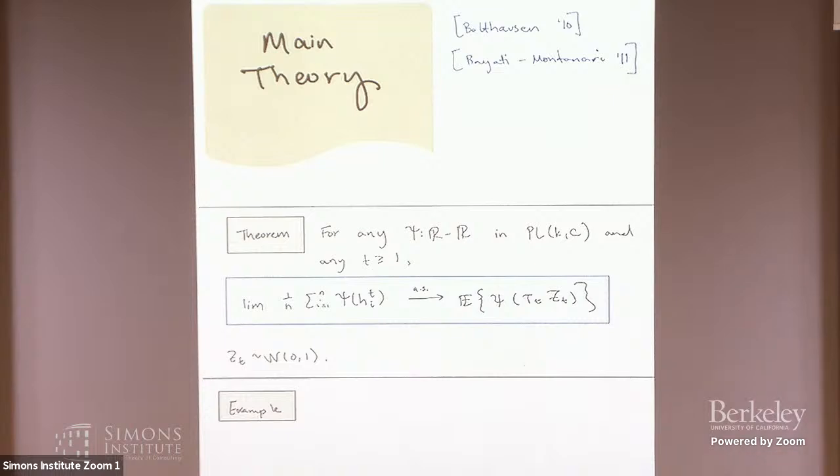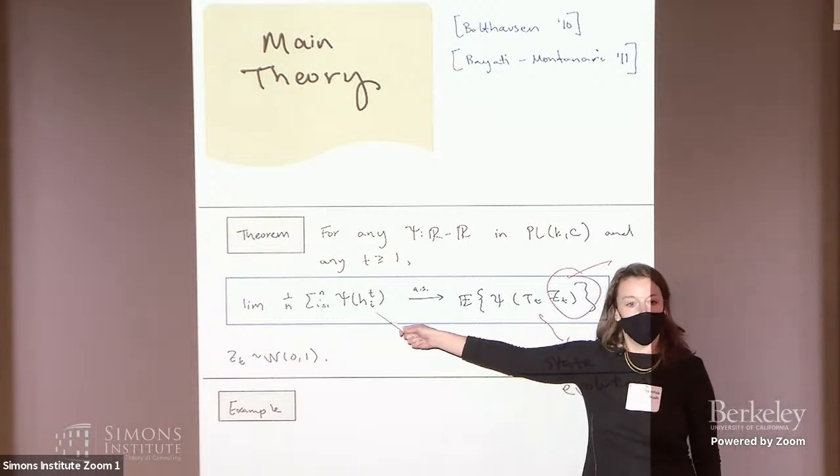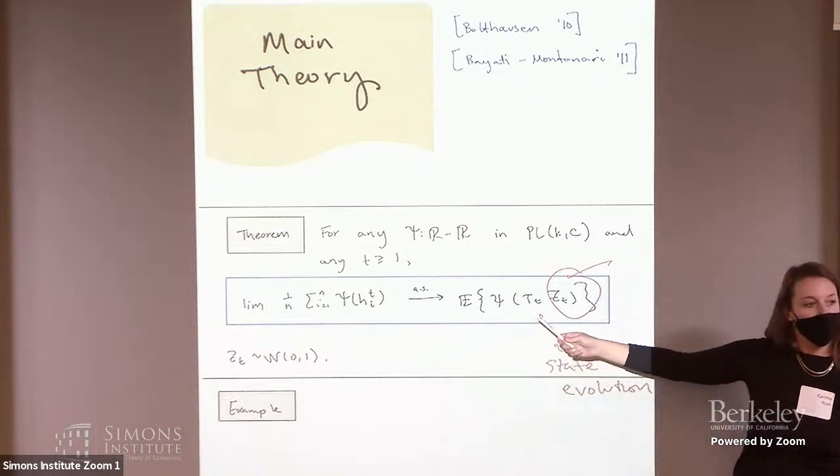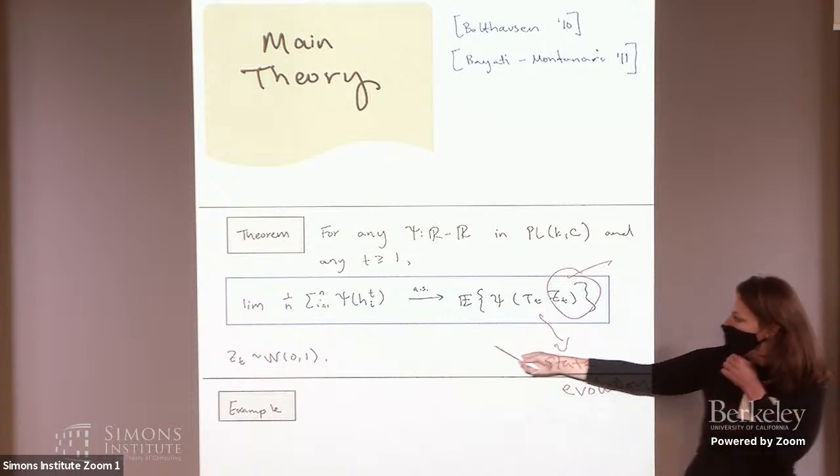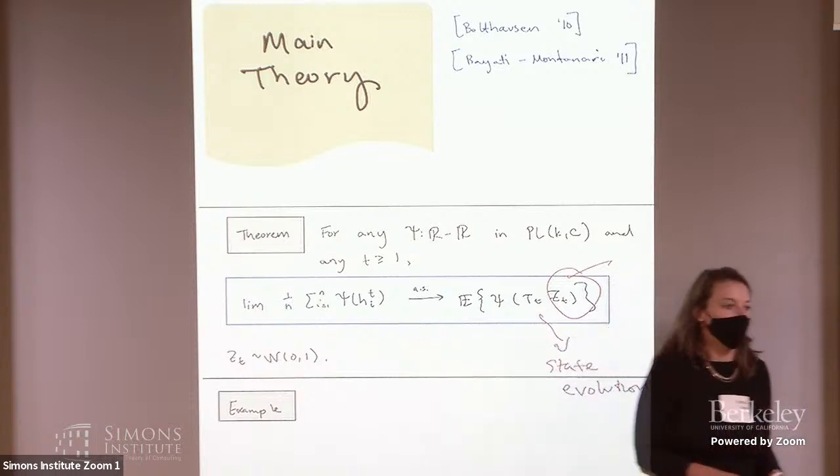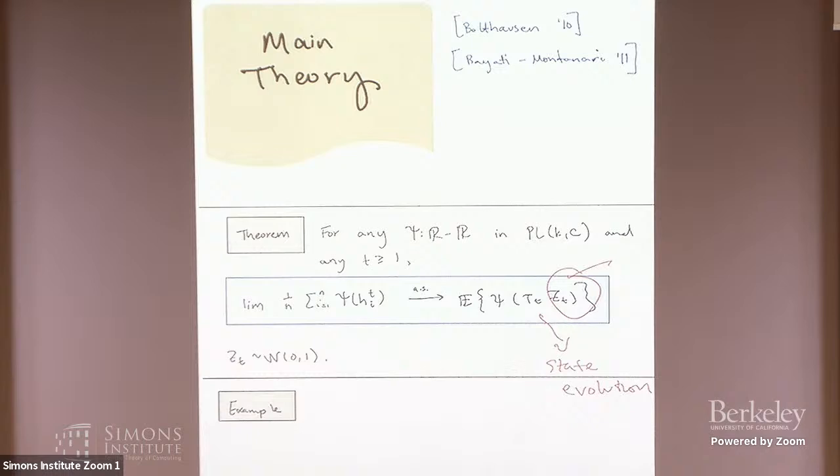This is the tau t from state evolution, and this is an independent Gaussian random variable. So basically what this tells us is, if we have a pseudo-Lipschitz function that we're interested in, then we can determine the high dimensional properties of the iterates of the AMP algorithm based on these state evolution values.